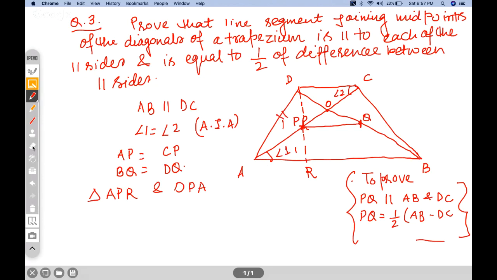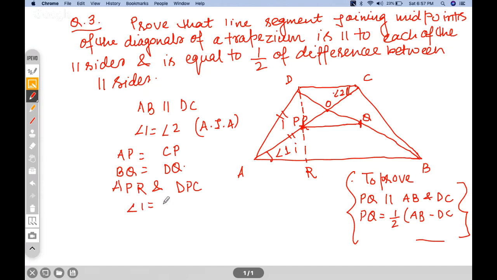You can prove from the other side. You can take triangle APR and triangle DPC. What was the problem in the initial one? Only this line was equal, no other angle was looking equal. Here the angles are looking equal.